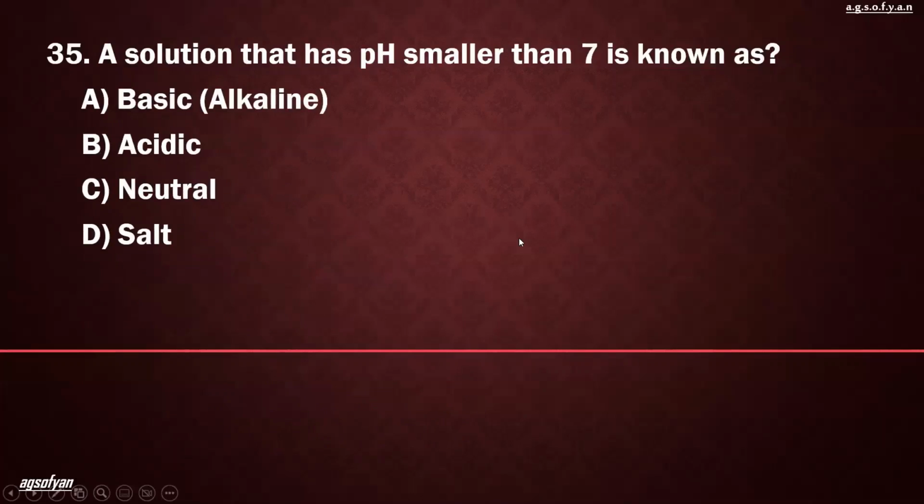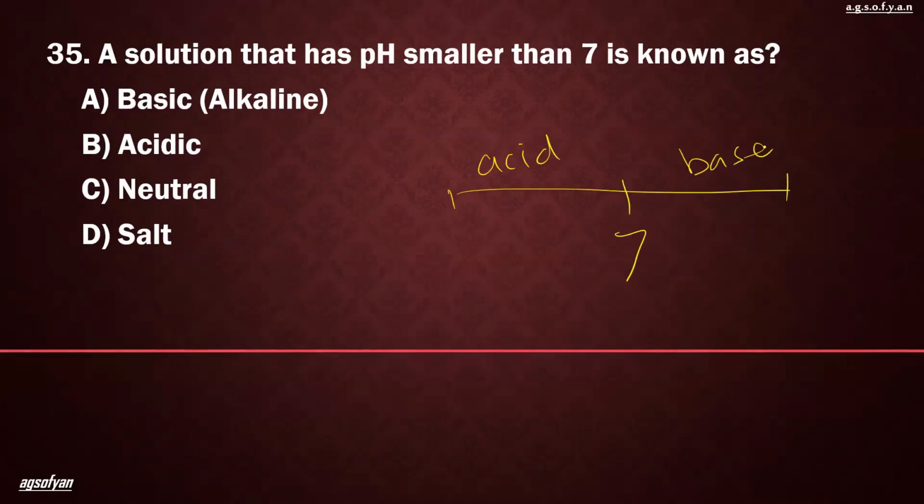A solution that has pH smaller than 7 is called, this is 7, this is acid, this is base. 7 is neutral. Acidic. Yes, it's called acidic.